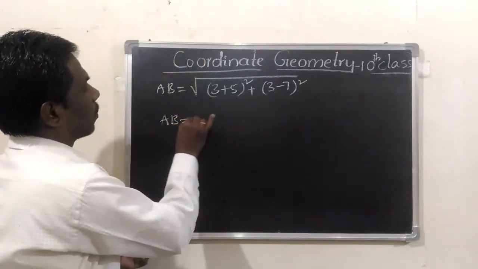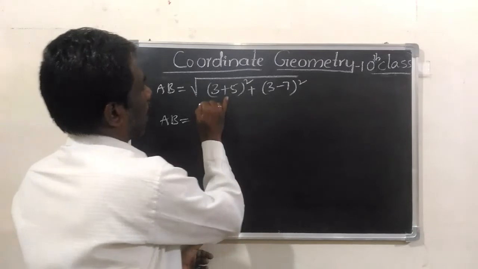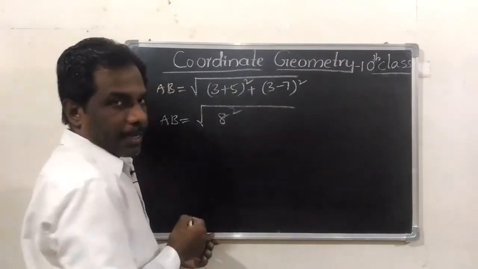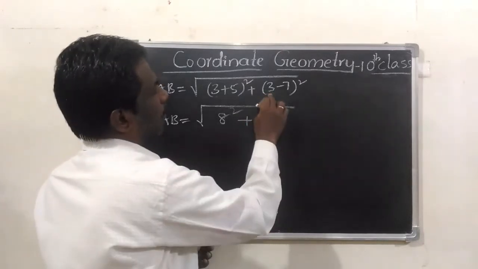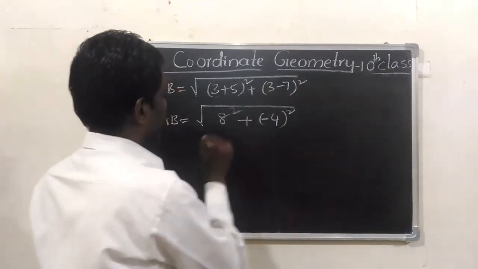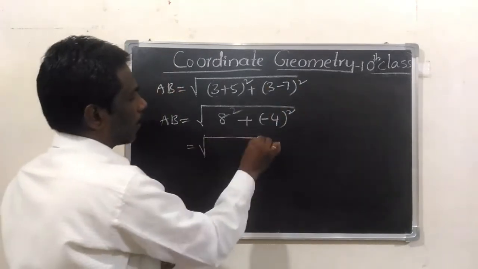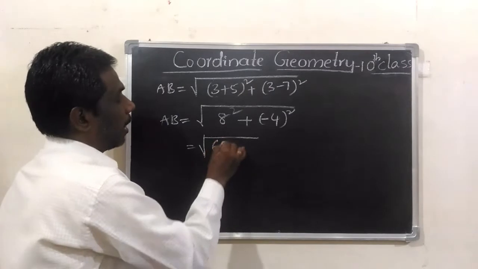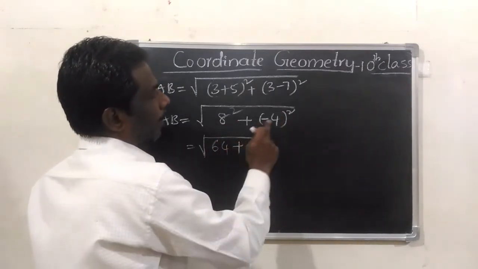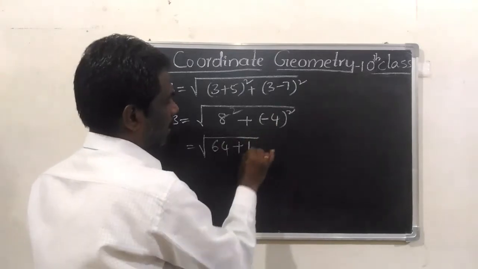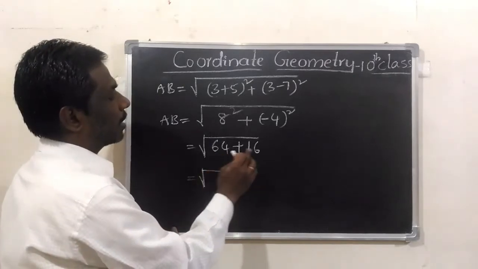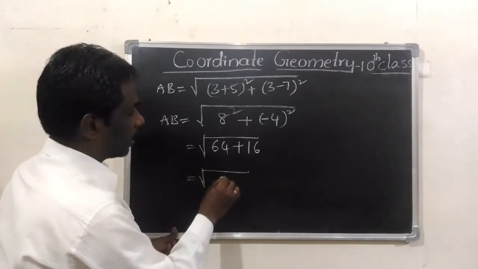AB is equal to square root of (3 plus 5 is 8) squared plus (3 minus 7 is minus 4) whole squared, equal to square root of 8 squared, 8 8s are 64, plus minus 4 whole squared. Minus squared is plus, 4 squared is 16, and 64 plus 16 is 80.